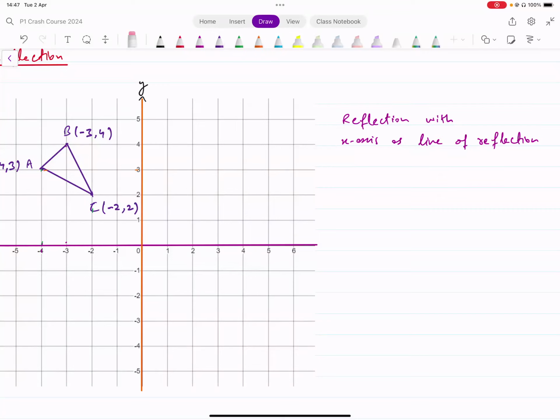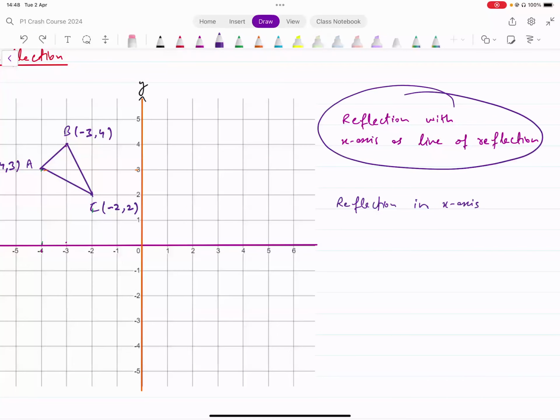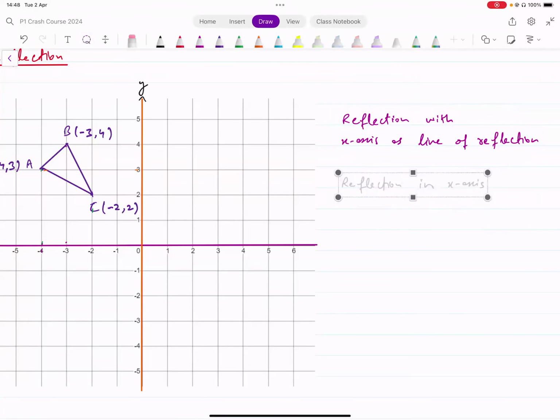Or if you want to write it in short, you could say reflection in x-axis. Any other word apart from "in" here is not going to be acceptable. So if you think you might make this error of using something else other than "in", this is the safer way of describing this. Write reflection and write down the line of reflection. So these are both ways to describe this.